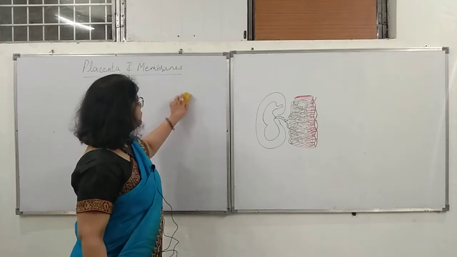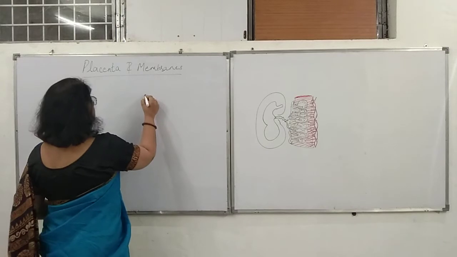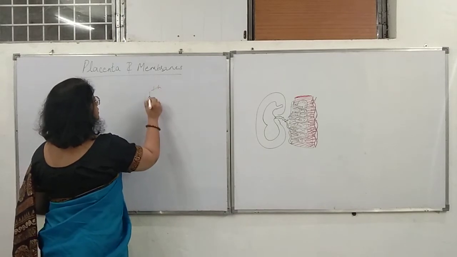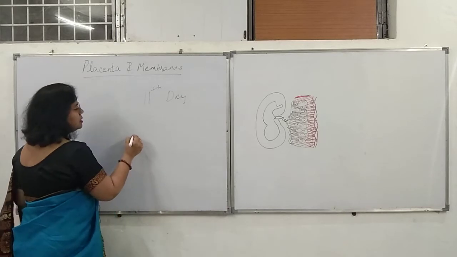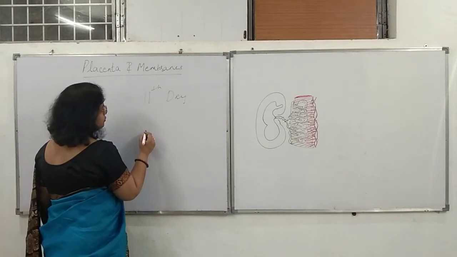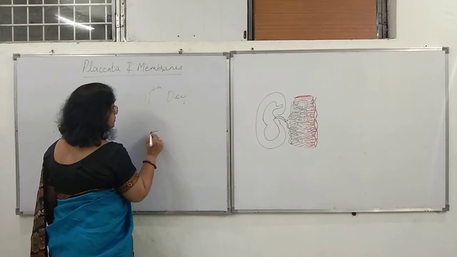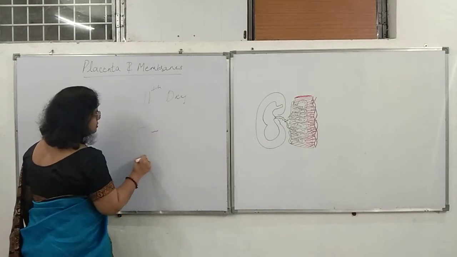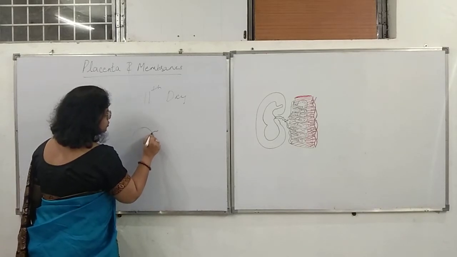Now coming to how it is formed. By around the 11th day of implantation, what happens? The trophoblastic tissue starts growing.